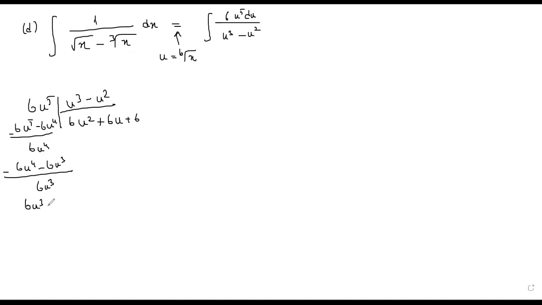So we have 6u cubed minus 6u squared. We subtract that, and finally we have something with degree less than the divisor, so we stop. Now we can rewrite this in this form: 6u squared plus 6u plus 6, plus 6u squared over u cubed minus u squared, du.